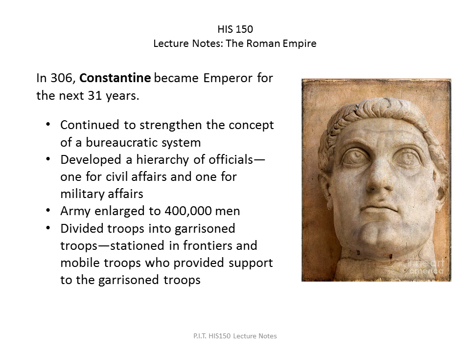So his great accomplishments include strengthening the concept of the bureaucratic system. He developed a hierarchy of officials, one for civil affairs and one for military affairs. He enlarged the army to 400,000 men, and he divided troops into garrison troops, stationed in the frontiers, and mobile troops who provided support to the garrison troops.